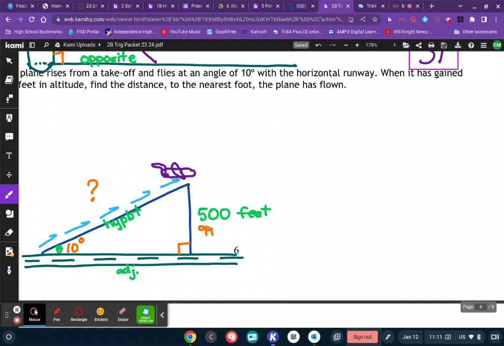This is my opposite side that I know, the altitude. So I would think that sine would be the best choice. So sine of 10 degrees is going to be 500 over the hypotenuse.